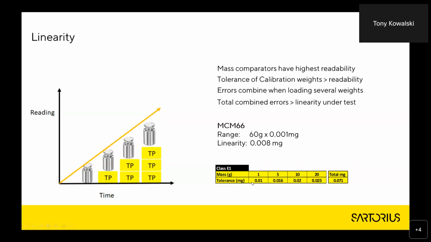So that is why we would never put on a 1 gram, add a 5 gram, add a 10 gram, and add a 20 gram and write down the values, because at each point we're adding together the tolerance errors, and the sum of the tolerance errors is almost 10 times bigger than the linearity error we're trying to measure. So this is why we use 1 weight and tare off to allow us to then test at these values.